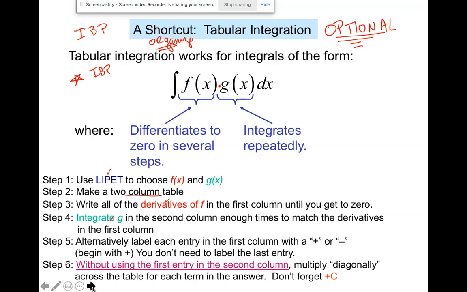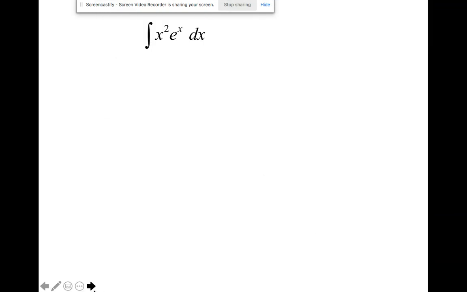So again, I'm going to go past this. And this is the example I asked you to put a star next to, right? This is what was example 5. Notice that I have 2 factors where I have a poly, which will differentiate to 0, and a repeater.